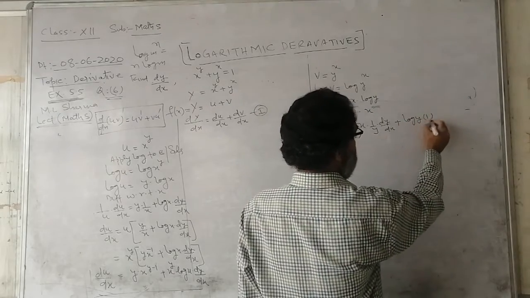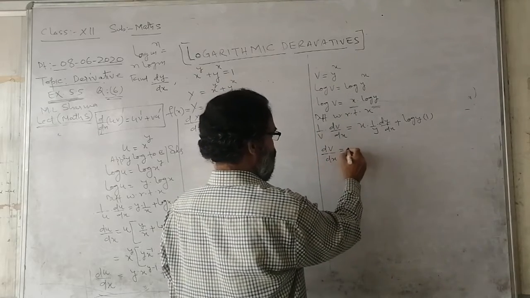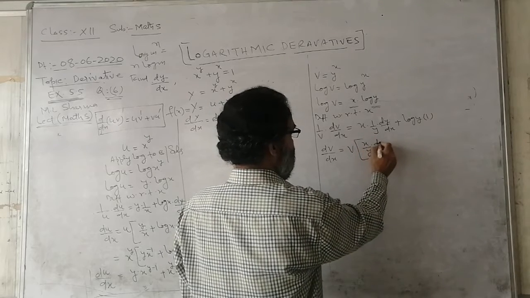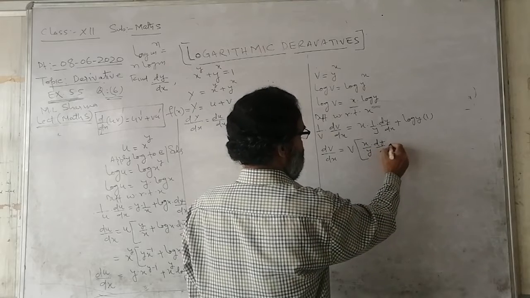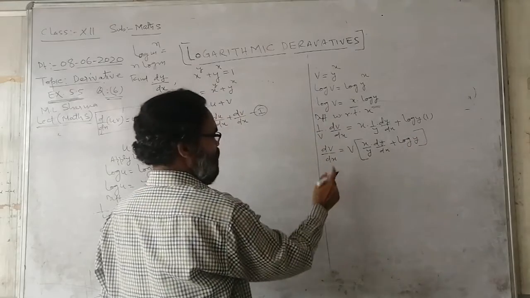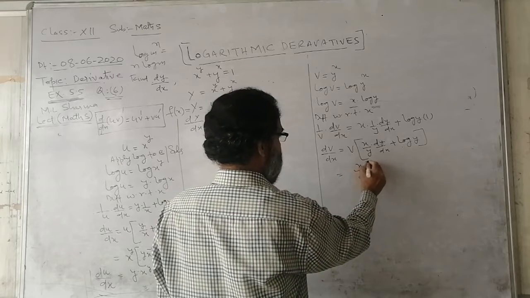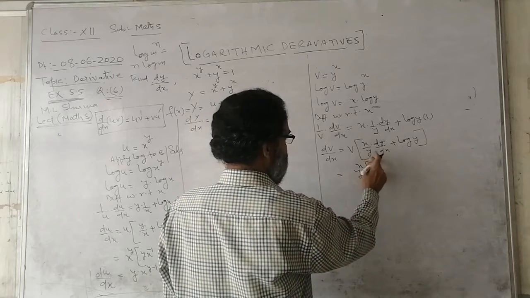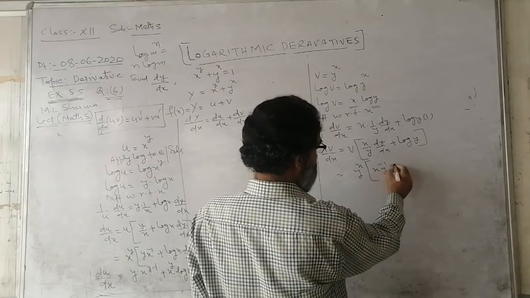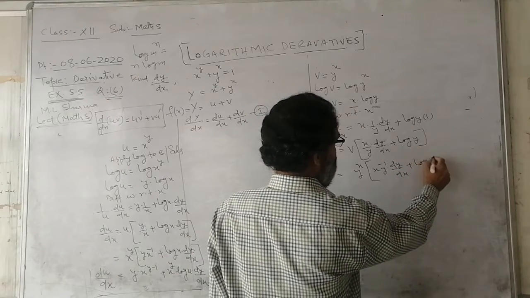is 1. So dv upon dx will equal to v times x upon y dy upon dx plus log of y. So if I put the value of v, that is y power x into x, it can be written as x into y power minus 1 into dy upon dx plus log of y.